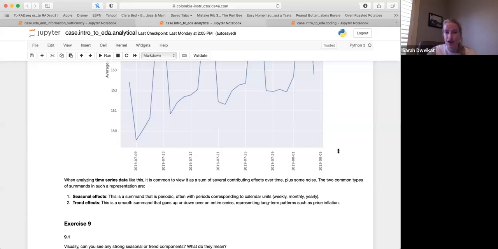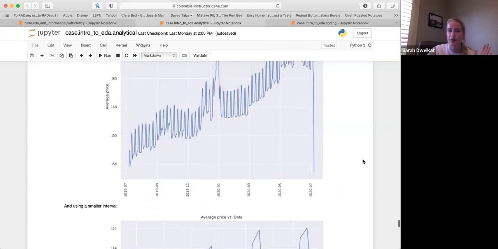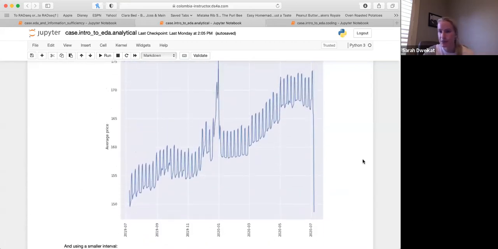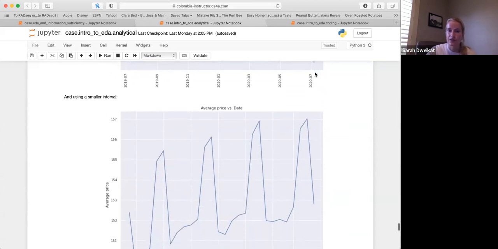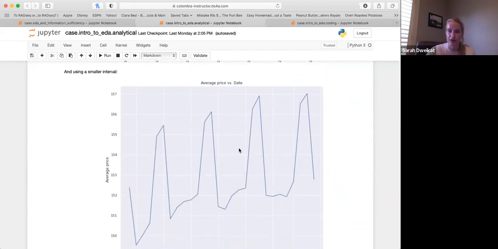And for trend effects, I'm going to give away a little bit: we have a cyclical nature, but we see an overall trend, right? Is it going up or is it going down overall, outside of the up and down cyclical nature of our data?